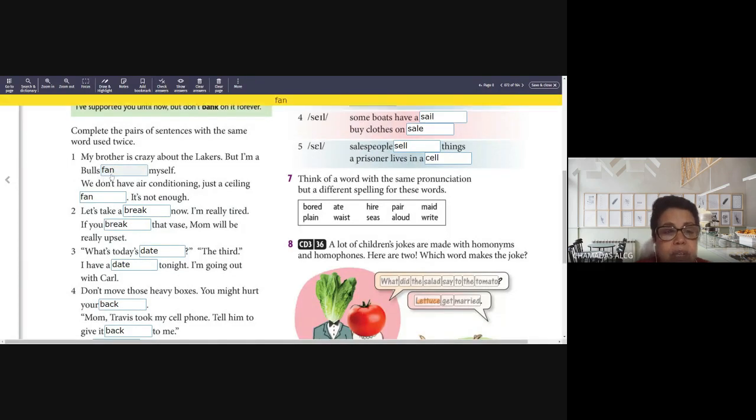So here, this is the name of the team, a basketball team. If I'm talking about soccer, I'm going to put the soccer team here and then the word fan. So if you want to say that you are a Flamengo fan, you are going to say, I'm a Flamengo fan myself.